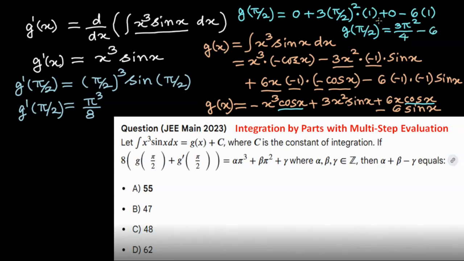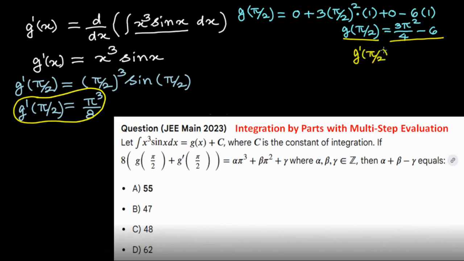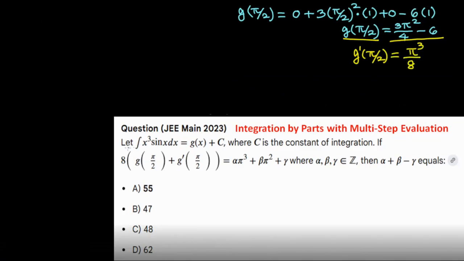Now we have got g pi by 2 equals 3 pi square by 4 minus 6. And here g dash pi by 2 equals pi cube by 8. Let us write it here. g dash pi by 2 equals pi cube by 8. Now we will substitute these values in this given equation.